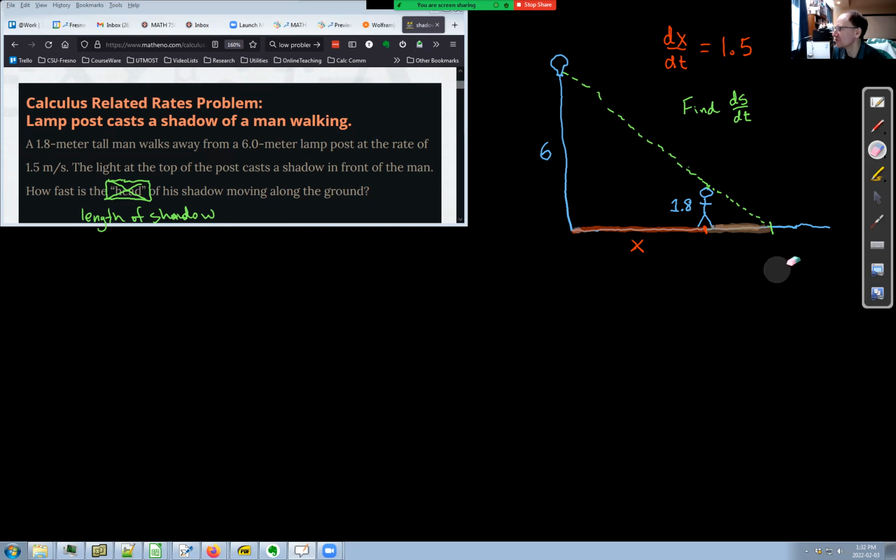The picture you should draw in that case is the one that we had earlier in this video, and the correct thing to find would be ds/dt, where S is indeed the length of the shadow. So again, it's a super subtle, tricky bit, so be aware of that when you're taking on these shadow problems.